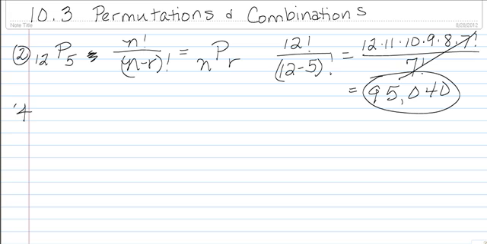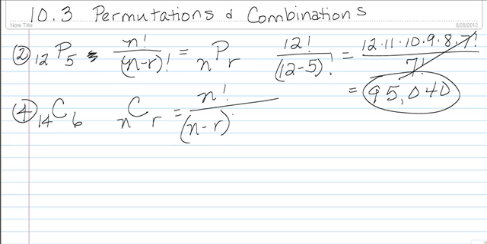Okay, in number 4, we're going to review the combinations formula. We're looking at combinations of 14 objects taken 6 at a time. For our combinations, we want n factorial over n minus r factorial times r factorial.